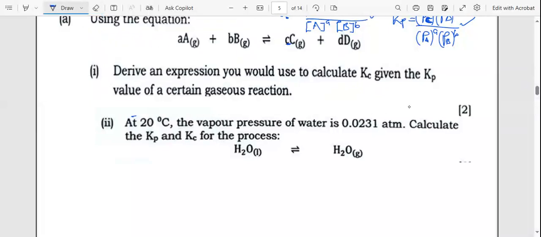It's given as Kp is equal to Kc (RT) to the power of the change in number of moles. So this is the expression that governs the two. Now that we have Kp, they have already given the vapor pressure of water. This is the pressure it has.